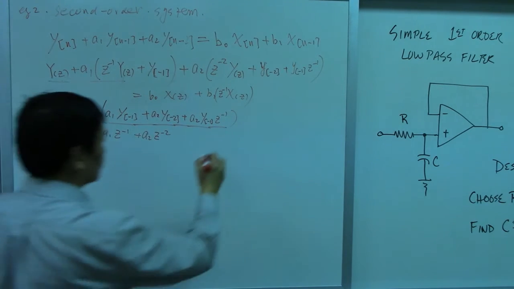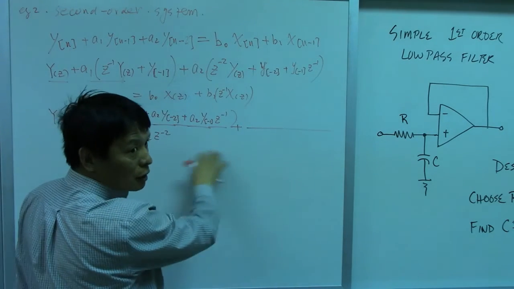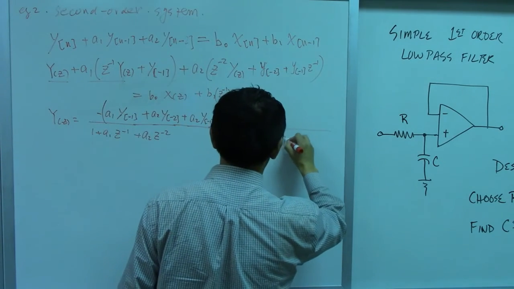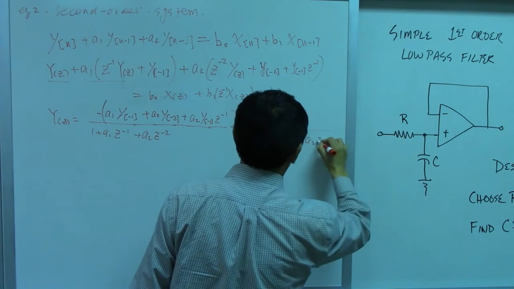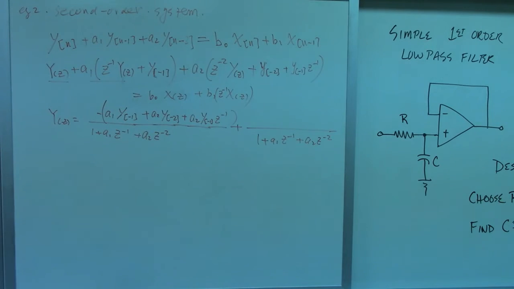Then what is on the right? The same denominator here: 1 plus a1 z to the -1 plus a2 z to the -2. What is here? b0 plus b1 z to the -1, and here we have X(z). Everybody look at this. You have time to study the slide after the class.